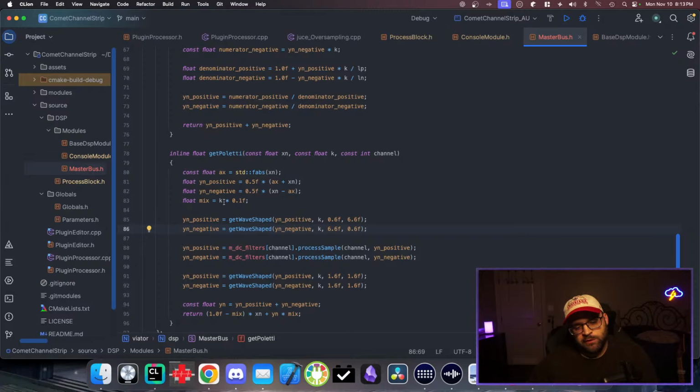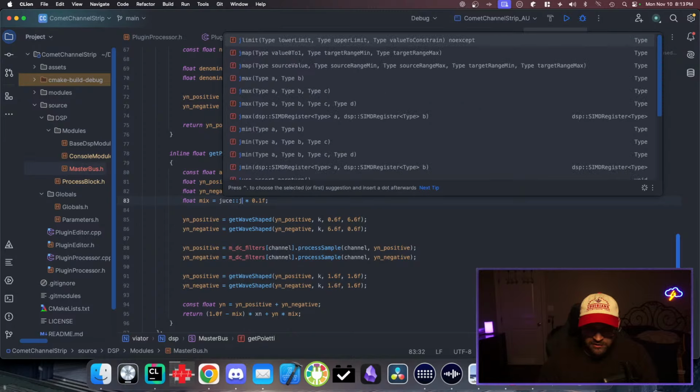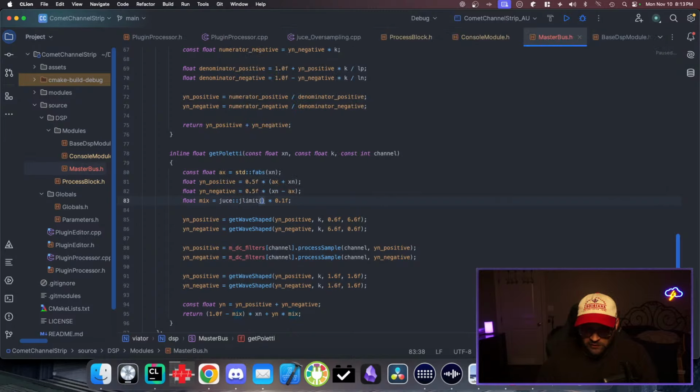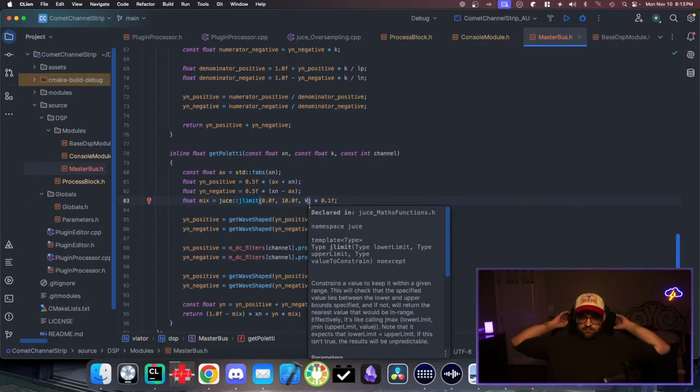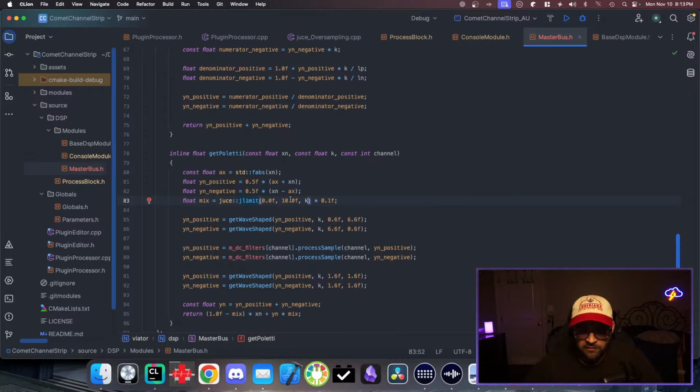Okay, so a very simple thing we could do is limit K, J limit. So the lower limit's going to be 0, and the upper limit's going to be 10. And then the value that we're limiting is K. So even if we go change it to 100, whenever we pass 100, it'll only go up to 10.